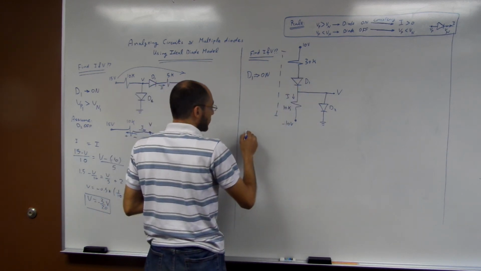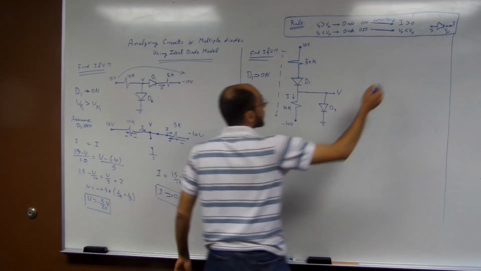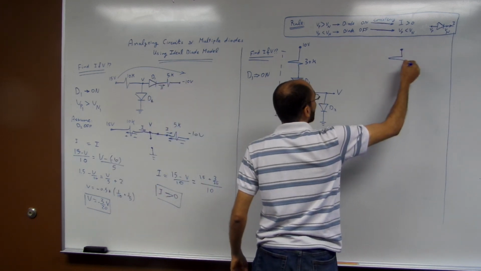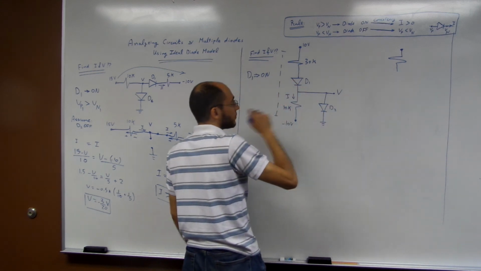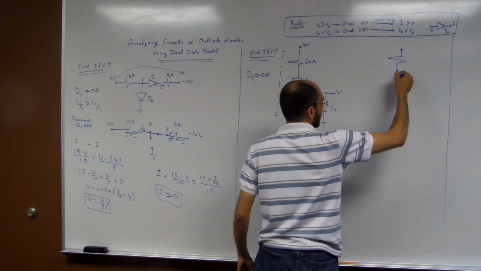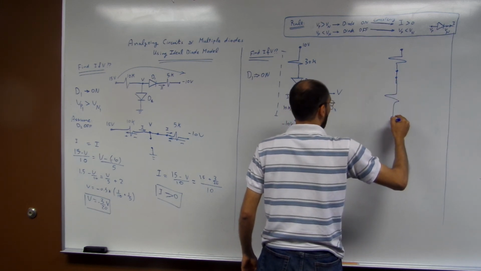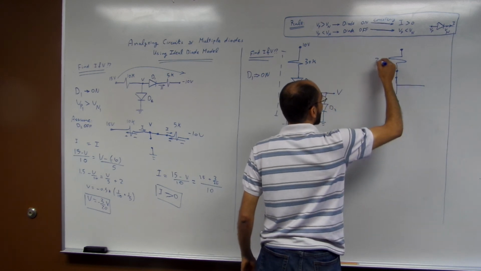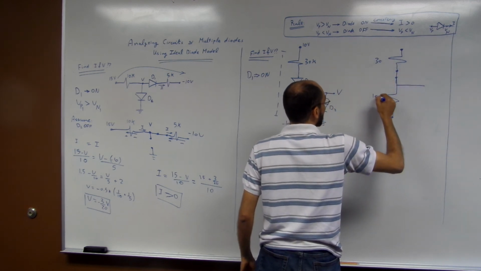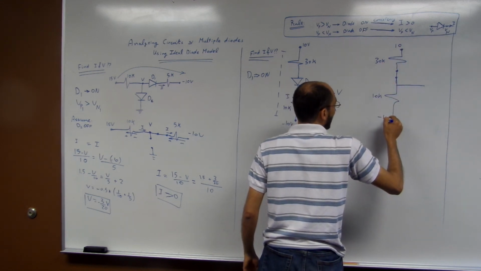So let's have a look here. Let's draw the circuit again, and that's a short circuit. Okay, that's a short circuit, and that's 30, and that is 10K. This is 10, and this is negative 10.